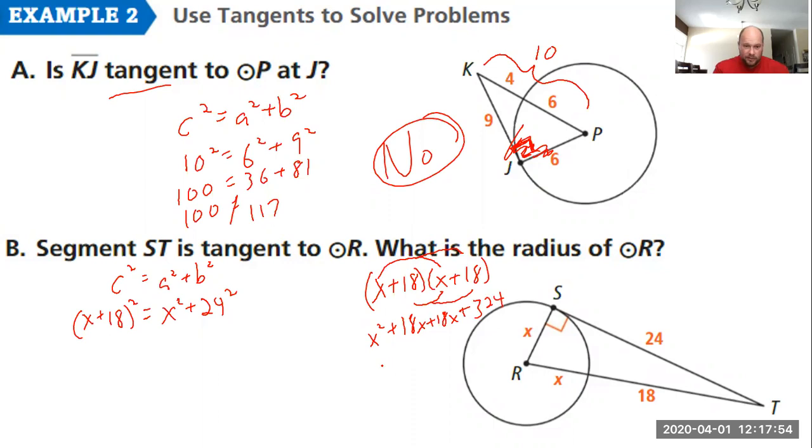Again, this part in the middle, the 18x and 18x, is going to give us a total of 36x, plus 324. So that's this side simplified. Oops, I forgot my 2. Now the 24 squared, I don't know that one off the top of my head. Let me grab my calculator. That's 576.